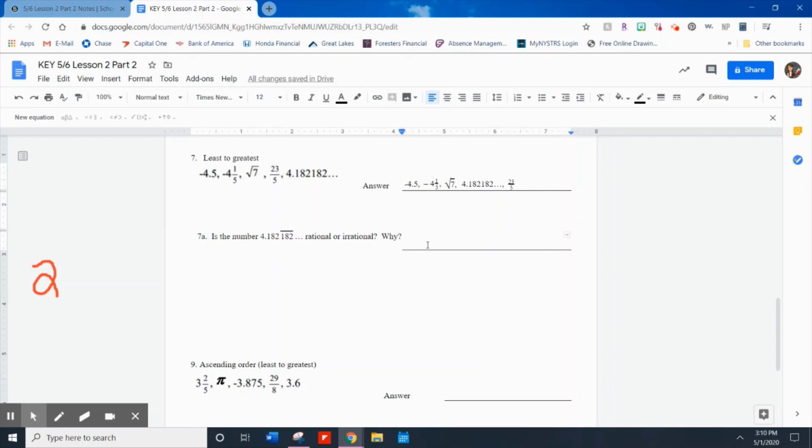Now, if we can create a fraction from it, that means it is rational. Okay, why is it rational? Because it can be made into a fraction. It's countable. It is infinite, meaning it goes on forever, but it's still rational.